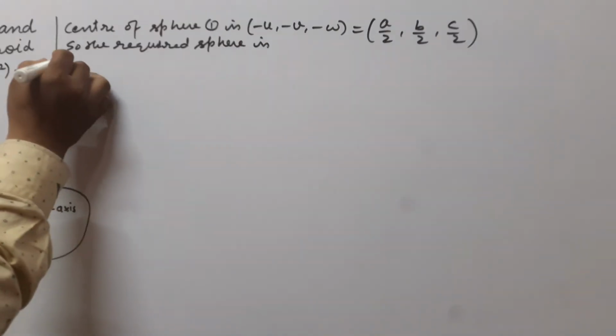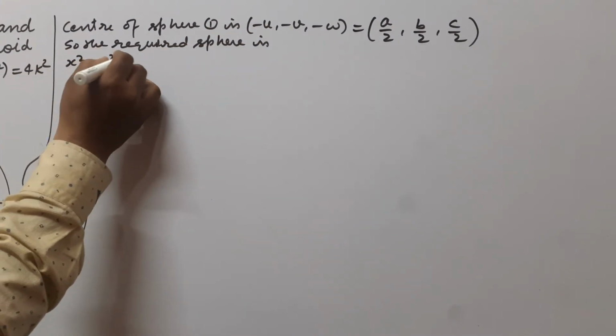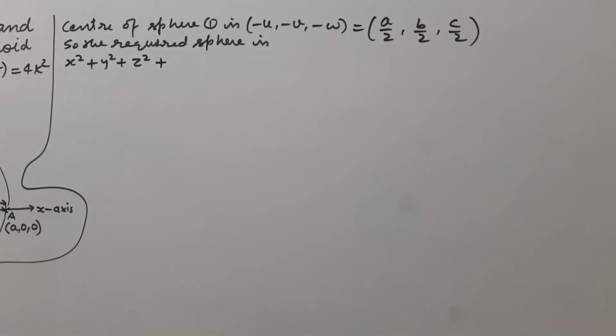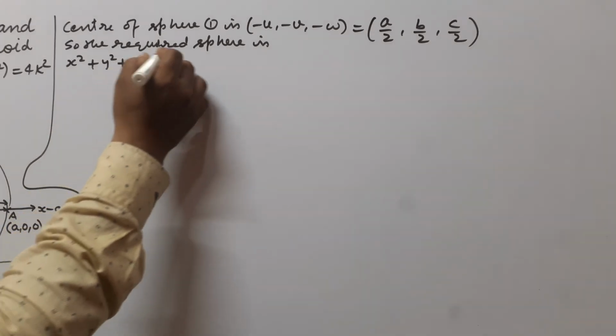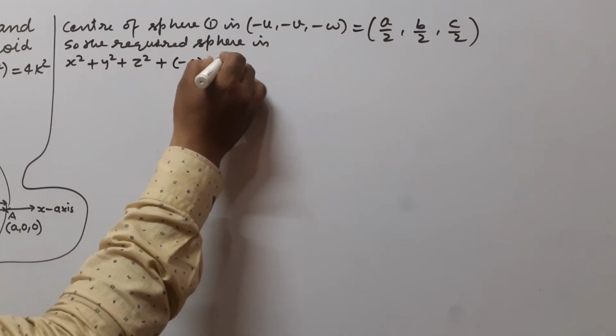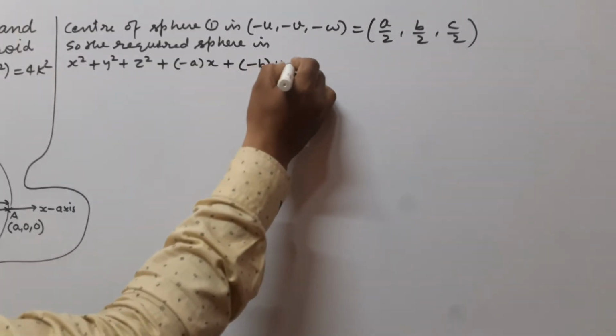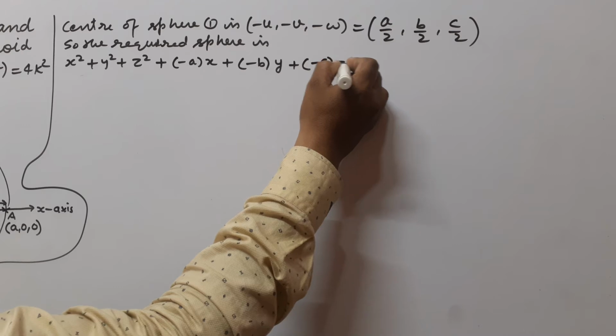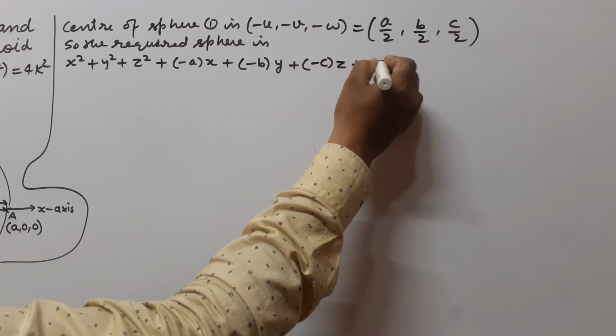is x square plus y square plus z square plus, here we know that 2u is equal to minus a, so we put here minus a multiplied by x, and 2v is equal to minus b, and 2w is equal to minus c, and d is equal to 0 here.